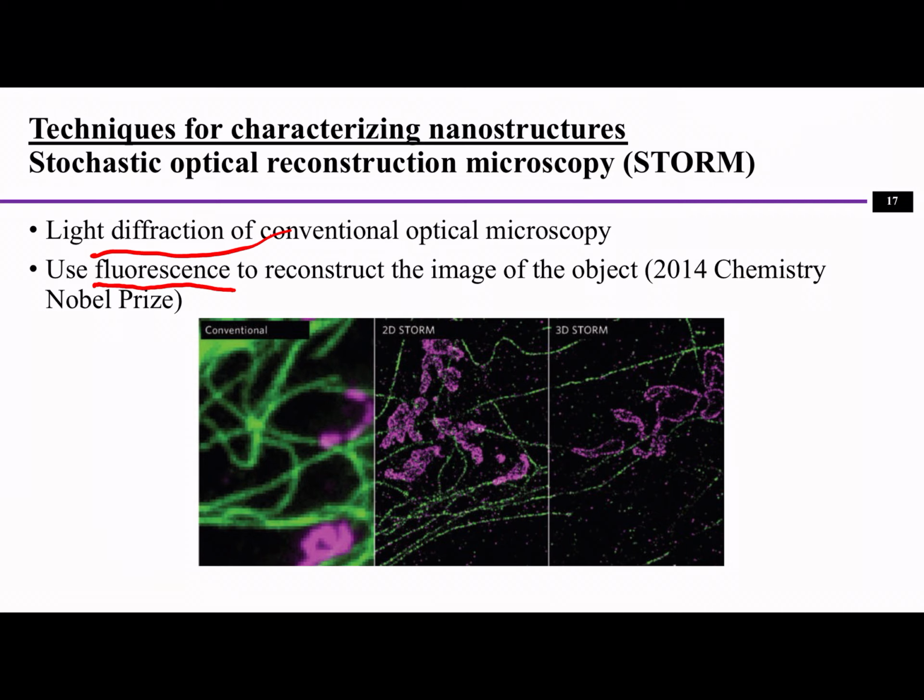What happens is that it gives fluorescence to the specimen, and some of the materials and structures we're interested in will be highlighted. Then by shining the light through the specimen, especially the places with fluorescence, they start to emit light with different waves.